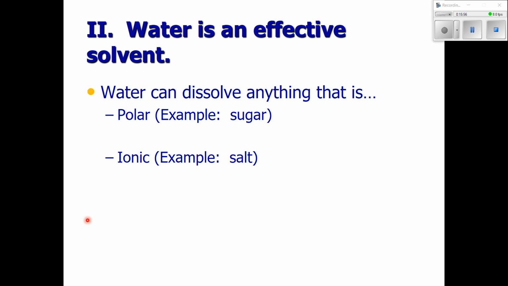Water as a solvent can dissolve more different types of chemical substances than any other solvent known to man, including the strongest acids ever invented. So water is extraordinary in its ability to dissolve other substances.